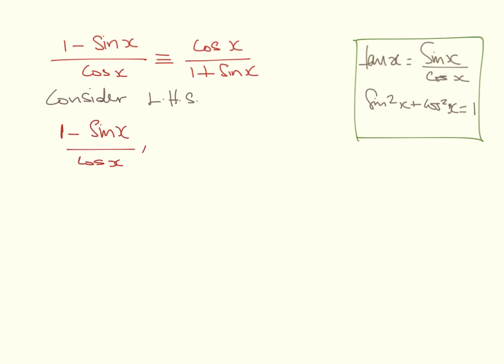So I'm going to multiply this by a conjugate of this, a fraction that involves that. So I'll multiply it by (1 plus sine x) divided by (1 plus sine x).